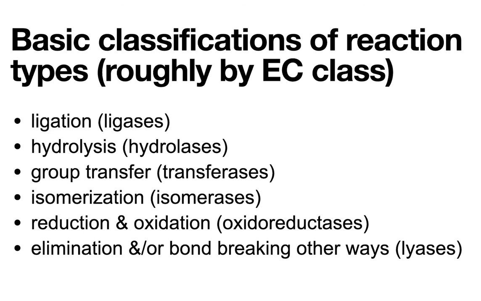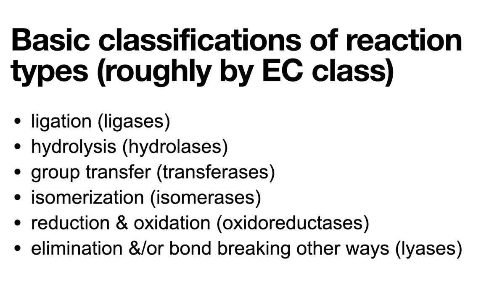And we have these 7 main classes, but for the purposes of this class, instead of focusing on the exact number of these different classes, which by the way, I learned a great acronym, a mnemonic, "To have lived in London," which I'll tell you in a second. Basically, these are the basic types of reactions that we're going to see. We're going to see ligation carried out by ligases, we're joining things together.